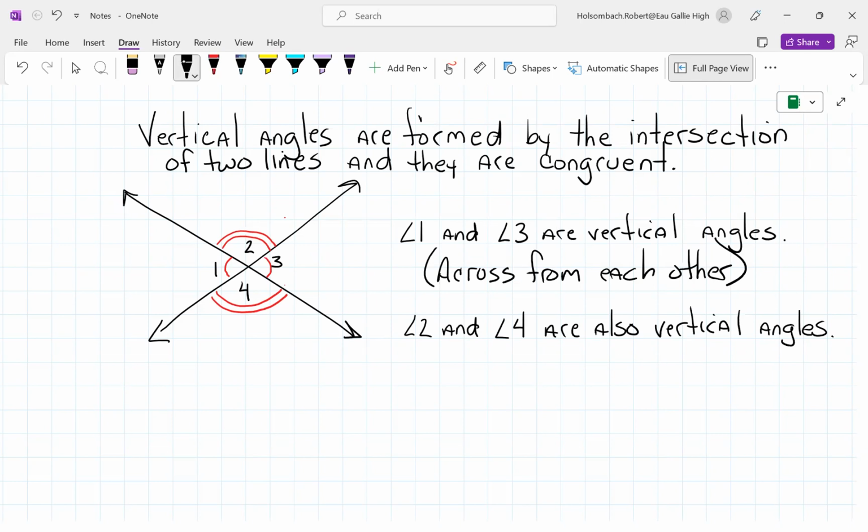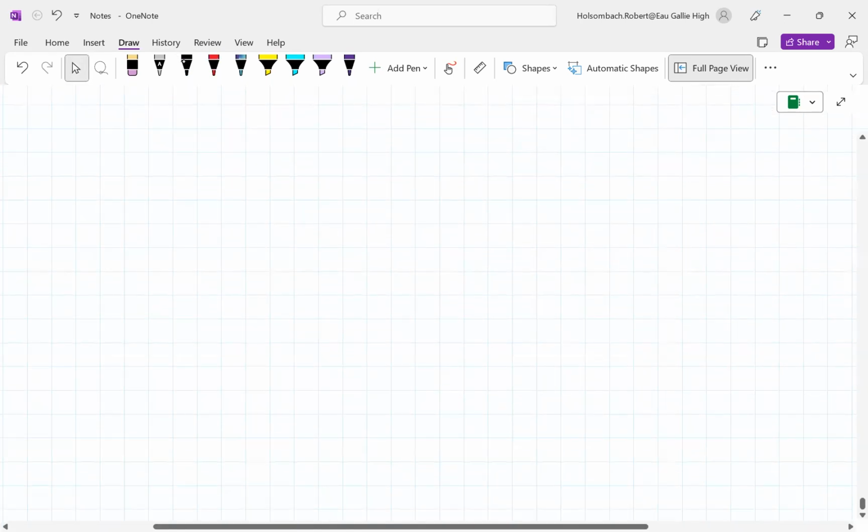All right, let's look at the middle of page 47. Complementary angles.